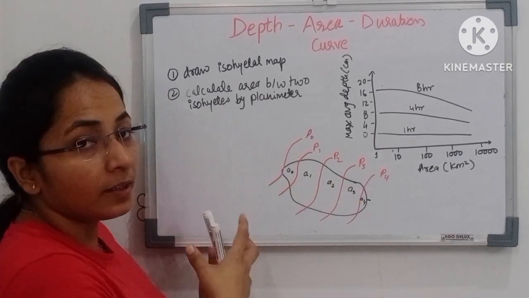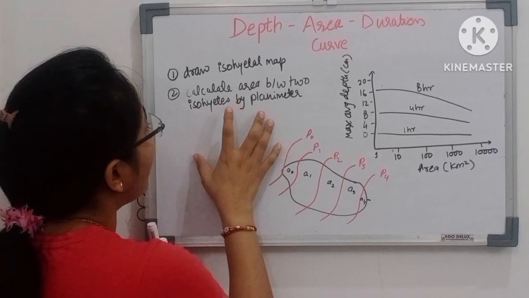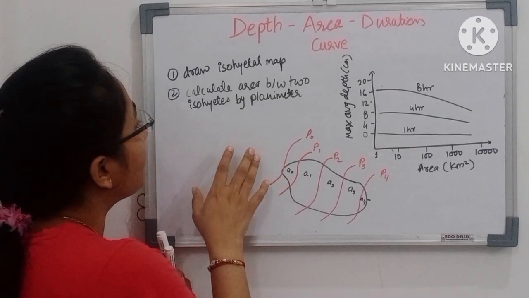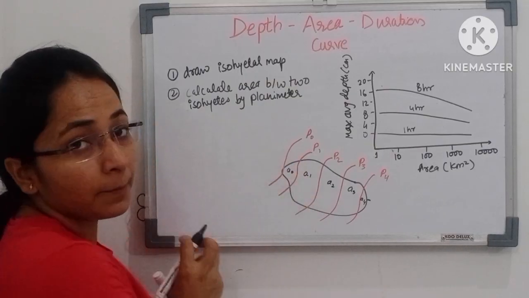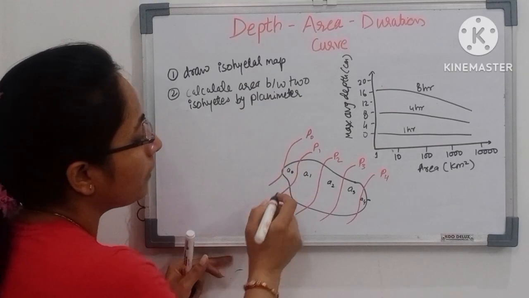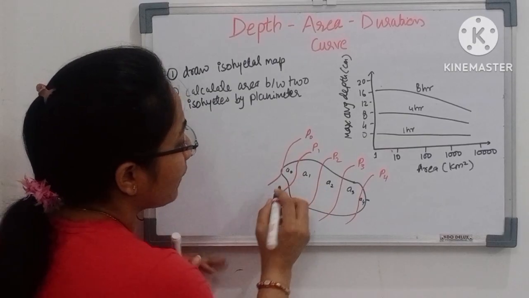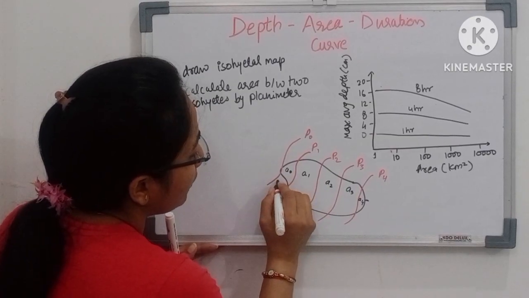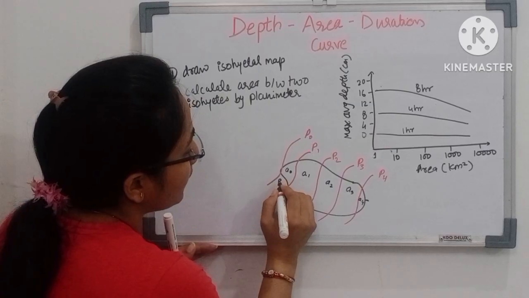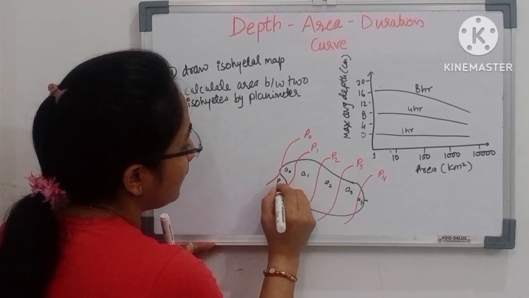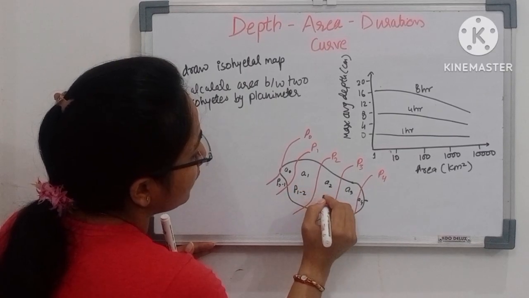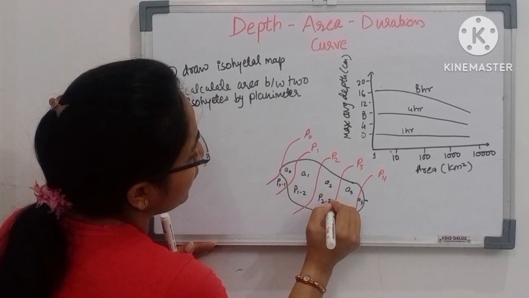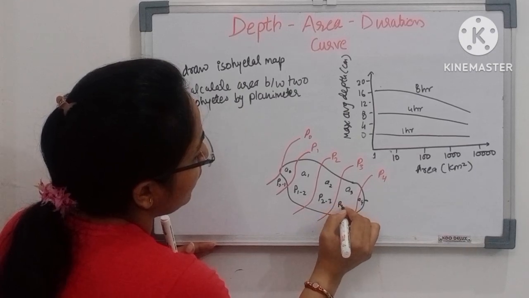After drawing the isohyetal map and calculating the area between two isohyets, we calculate the mean precipitation between two isohyets, or the precipitation for these areas. Like for A0, the average precipitation will be P01. For this one P12, this one P23, and for this one P34.